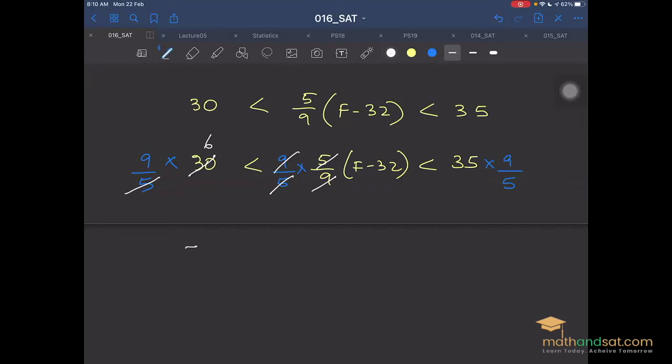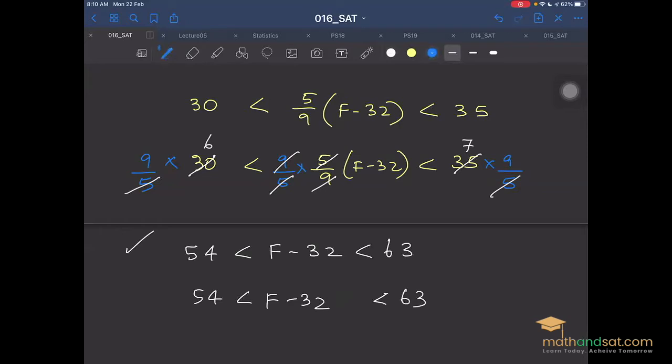So we have 54 less than f minus 32 less than, again, this is 7. So this is 63. Now in the next step, I'm going to add a 32 everywhere. So our original question looks like this.